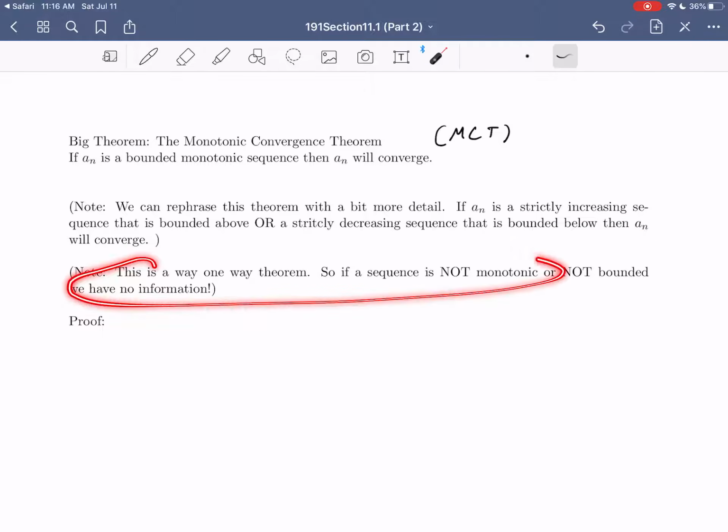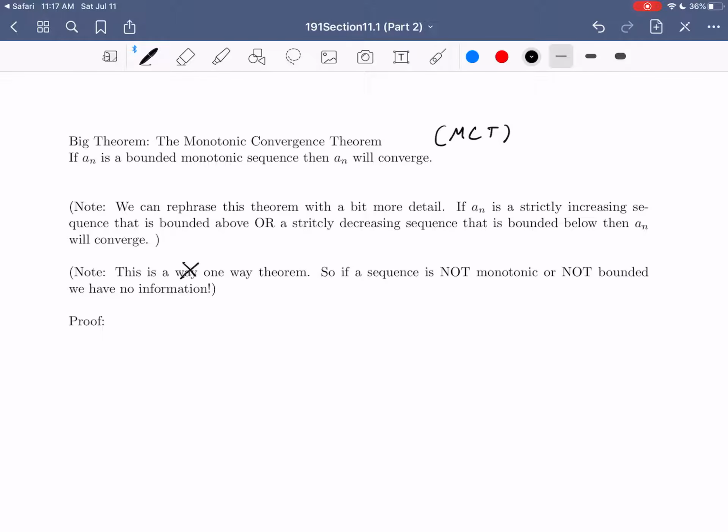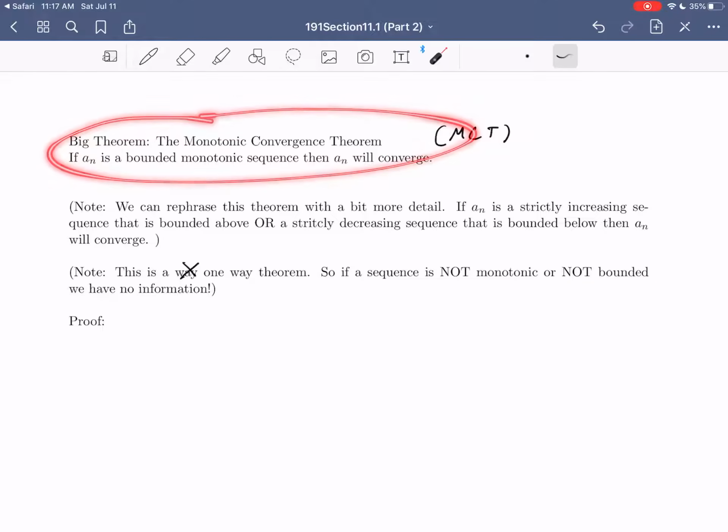Also, just because we're starting to see more theorems now, do be aware that this is a one-way theorem. What we mean by that is that this only reads in this direction, meaning if you know something is bounded and monotonic, you automatically know it converges. If you run into a sequence that is not monotonic or is not bounded, this theorem provides us no information.